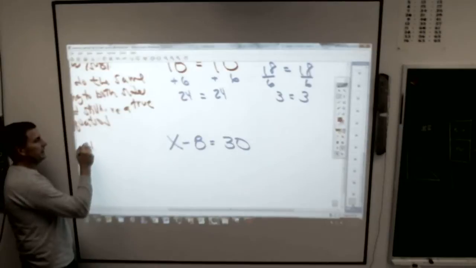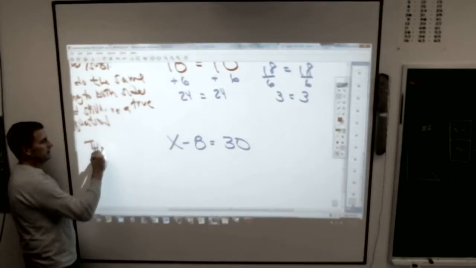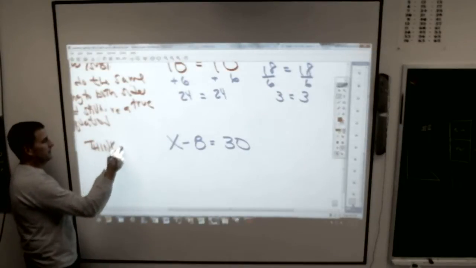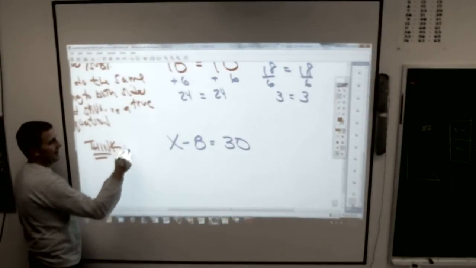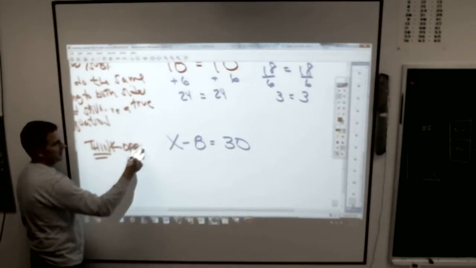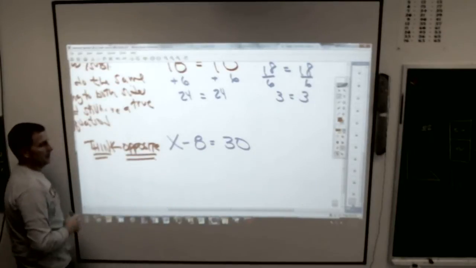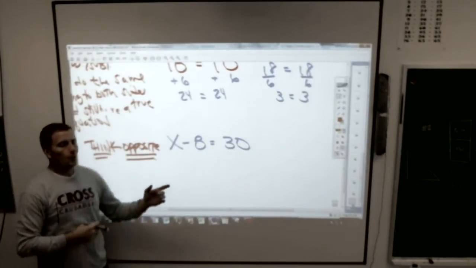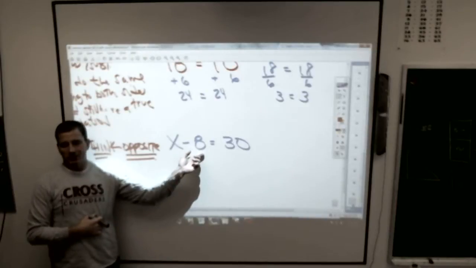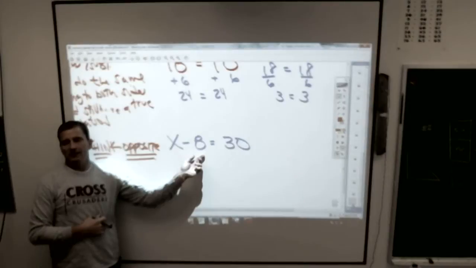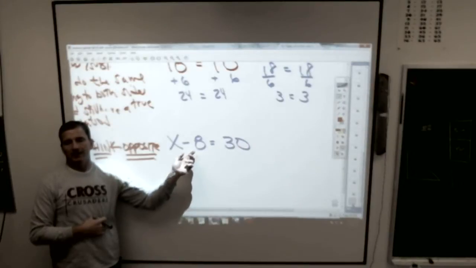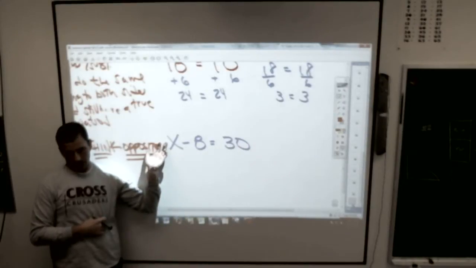Think opposite. Okay? And by that I mean this. What sign do you see with this equation? You see a subtraction sign.